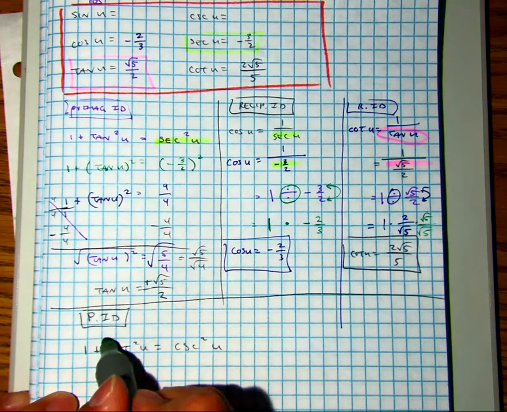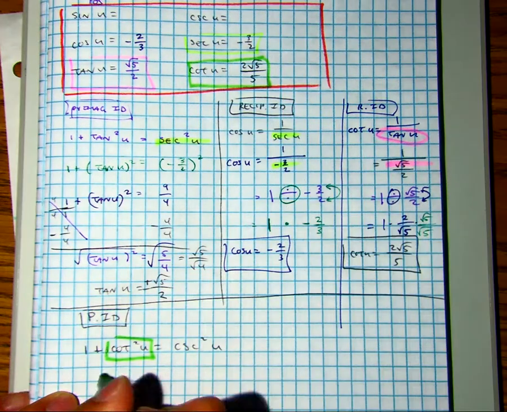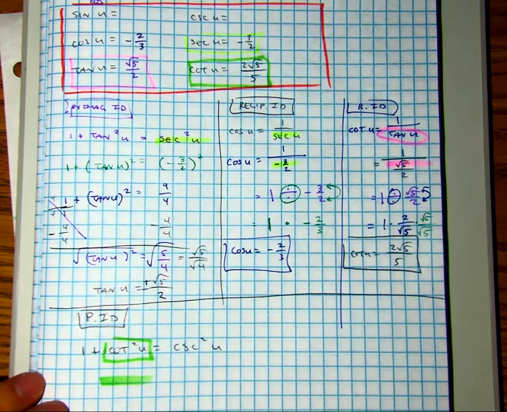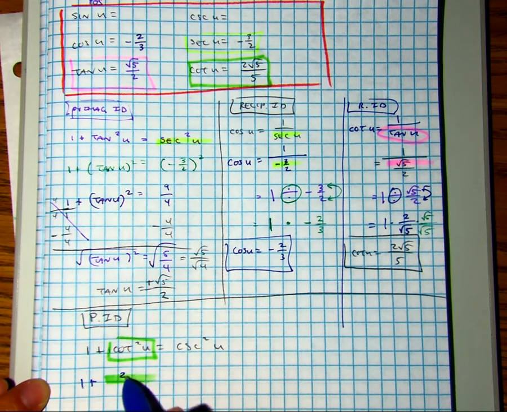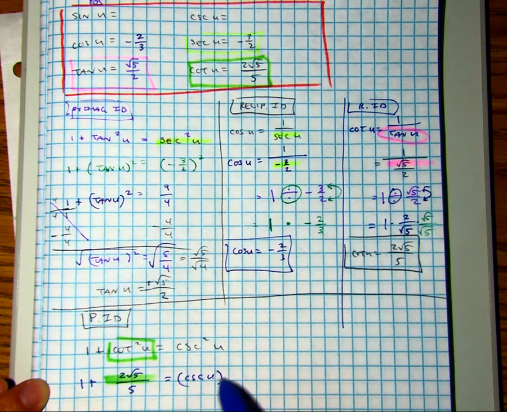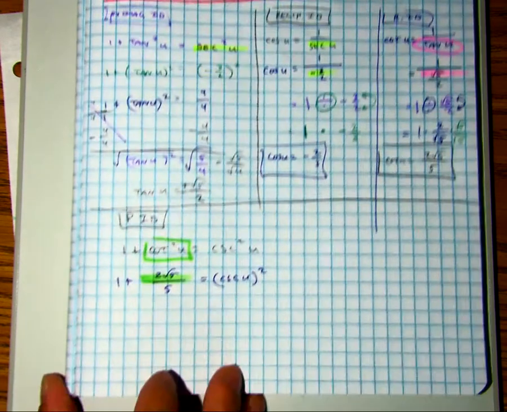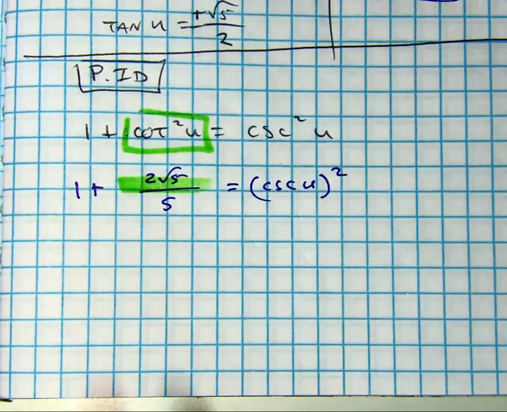So cotangent, I'm going to put it there. So I have 1 plus 2 radical 5 over 5 squared equals cosecant u squared. Class, how do I make these common denominators?